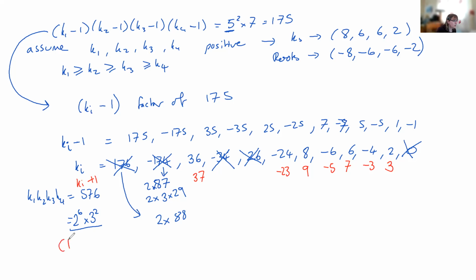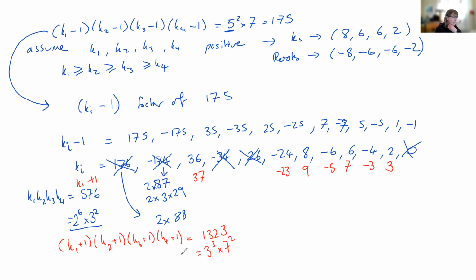The product of the k1 plus 1s was equal to 1323, and I think that was equal to 3 cubed multiplied by 7 squared. Double check, yes.